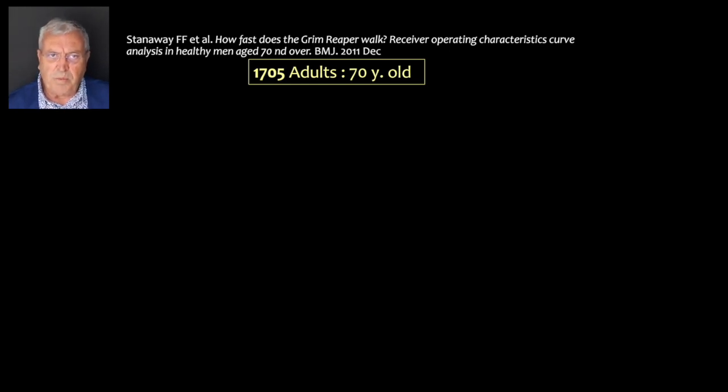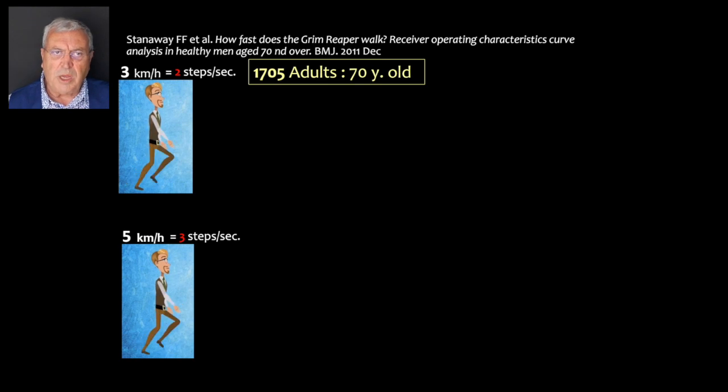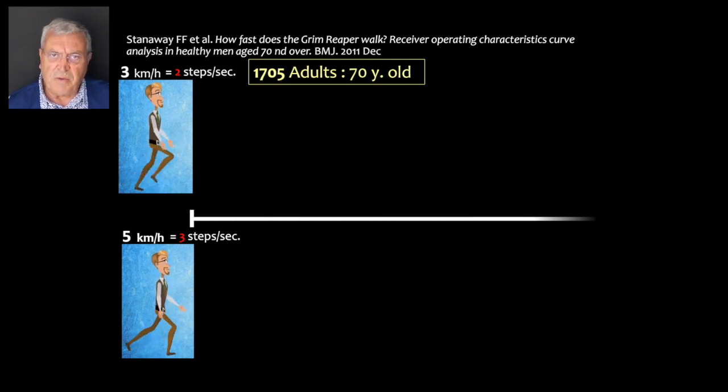They made two groups. One is walking 3 kilometers per hour, means 2 steps per second, and the other half is walking at 5 kilometers per hour, means 3 steps per second. And then they followed the two groups during 5 years.